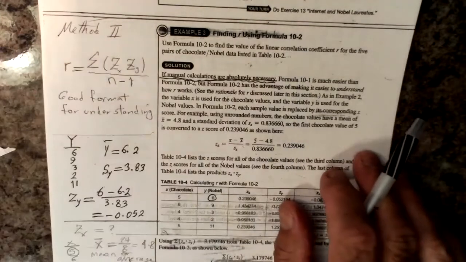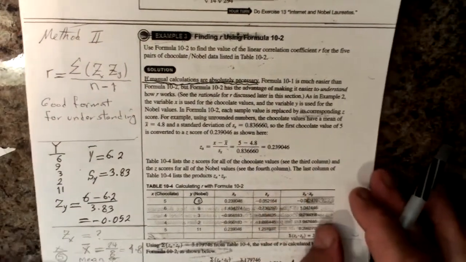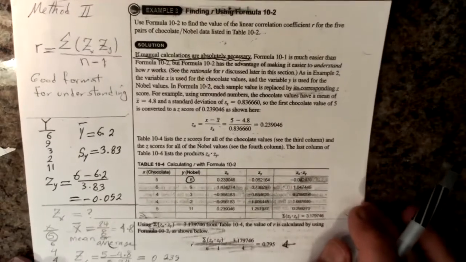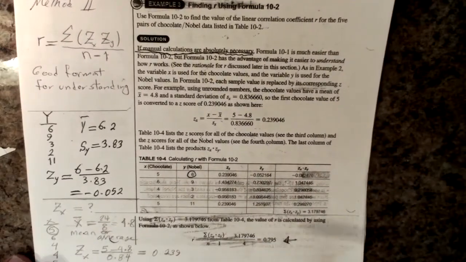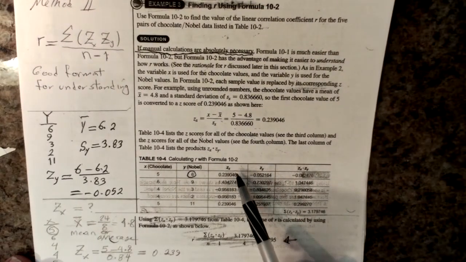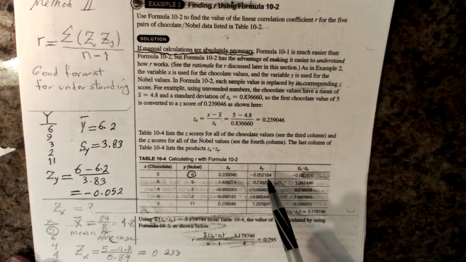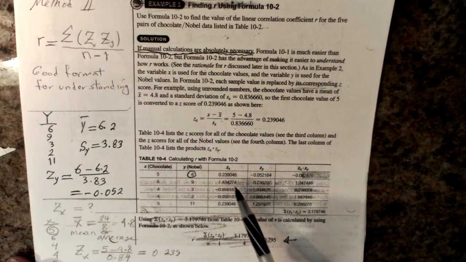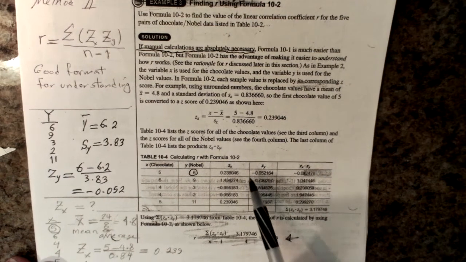All right. So here, on the second method, again, we have these two columns, right? First, we have to create new columns, which are Zx and Zy. And how do I calculate that? We show it here.